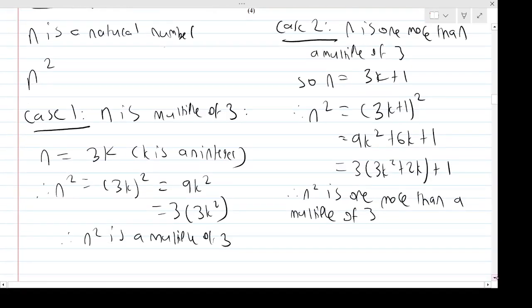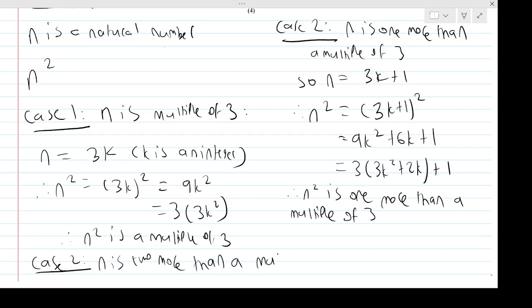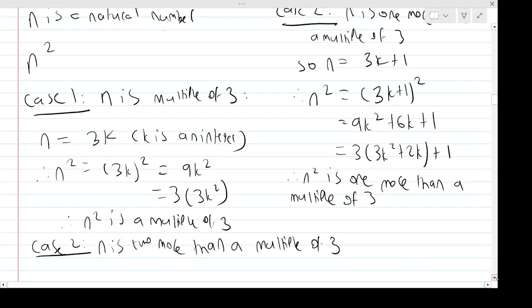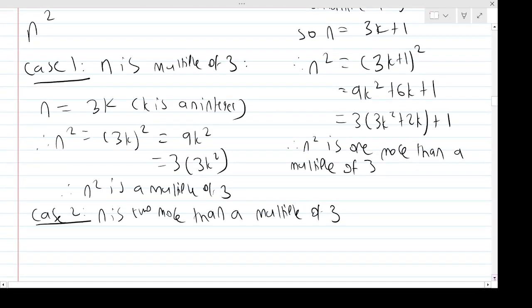And the last case, we do it down here. Well, we've discussed that if it's a multiple of 3 or 1 more, then we need to discuss if it's 2 more than a multiple of 3. Okay, there we are. So therefore we can say that n we can write as a multiple of 3 and 2 more, so 3k plus 2.